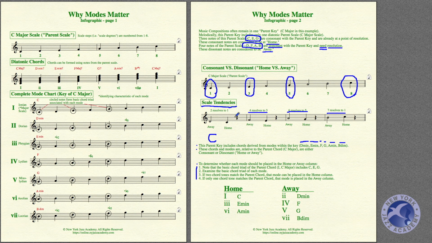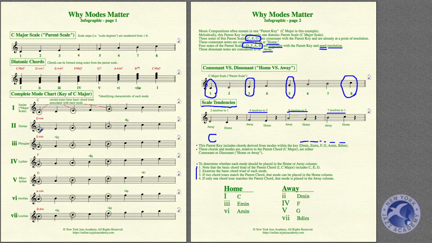Like, we could examine D minor, with D, F, and A as our notes. Number 3. If 2 chord tones match the parent chord, that mode can be placed in the home column. Number 4. If only 1 chord tone matches the parent chord, that mode is placed in the away column.